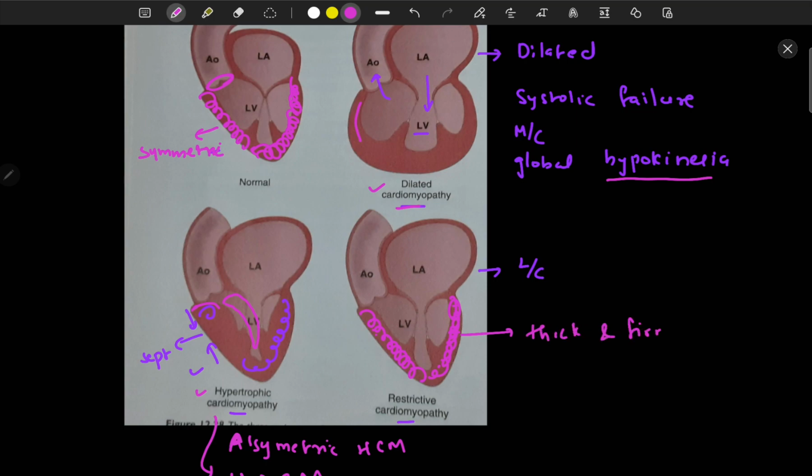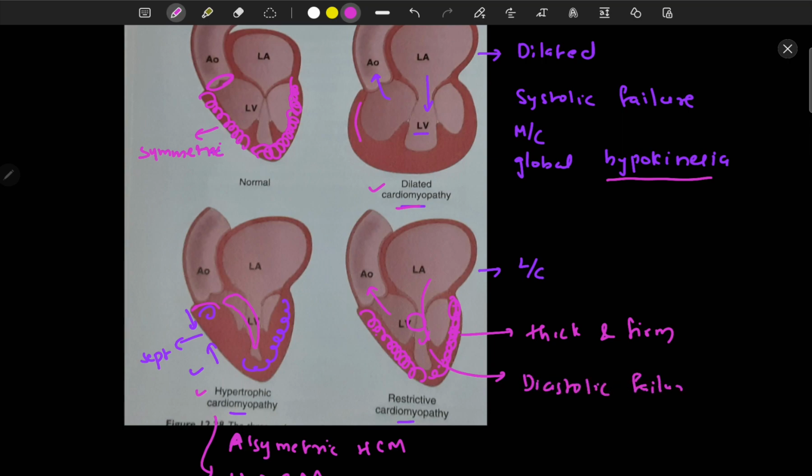The blood present in the left ventricle can actually contract, that is, there is systole. But then the blood must come from the left atrium to the left ventricle, so at that phase it will be in diastole. This diastolic function cannot be performed by the left ventricle in restrictive cardiomyopathy, so there is a diastolic failure.